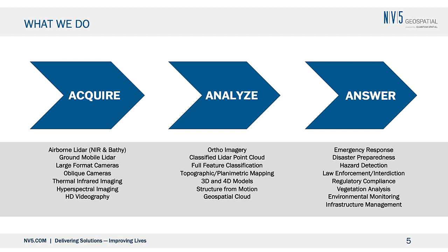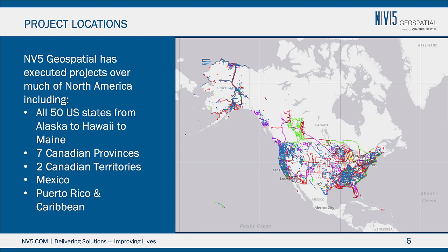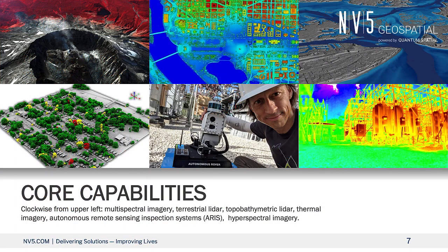And then what we do is we work out what information, what source data will allow you to answer those questions. Just to reiterate, we've done a lot of work in Alaska. We cover large areas of the country in terms of the data sets that we collect. And so irrespective of where a project is, we can fly there within hours and collect the information that we want.